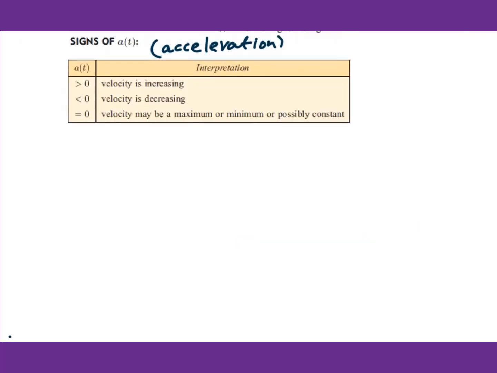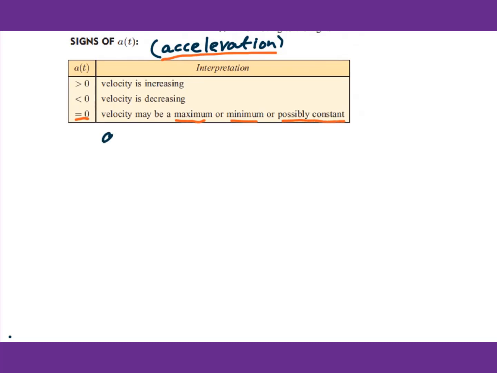Now let's talk about signs of a of t. a stands for the acceleration. When a of t equals 0, the velocity may be maximum or minimum or possibly constant.